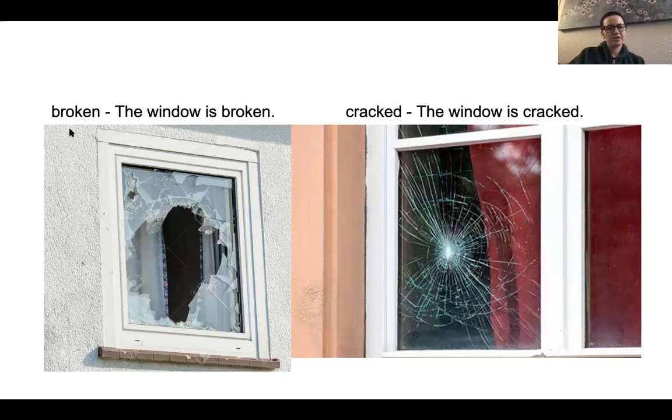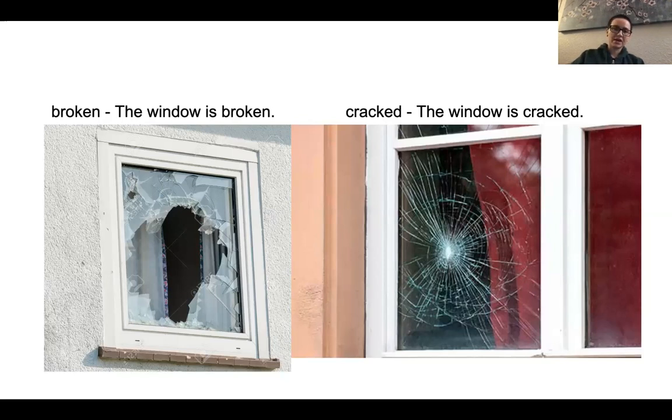So we have broken. The window is broken. So you can see there's a hole in the window. You could say broken for this one, but it's more accurate to say cracked. This one is cracked very bad. So cracked, the window is cracked.